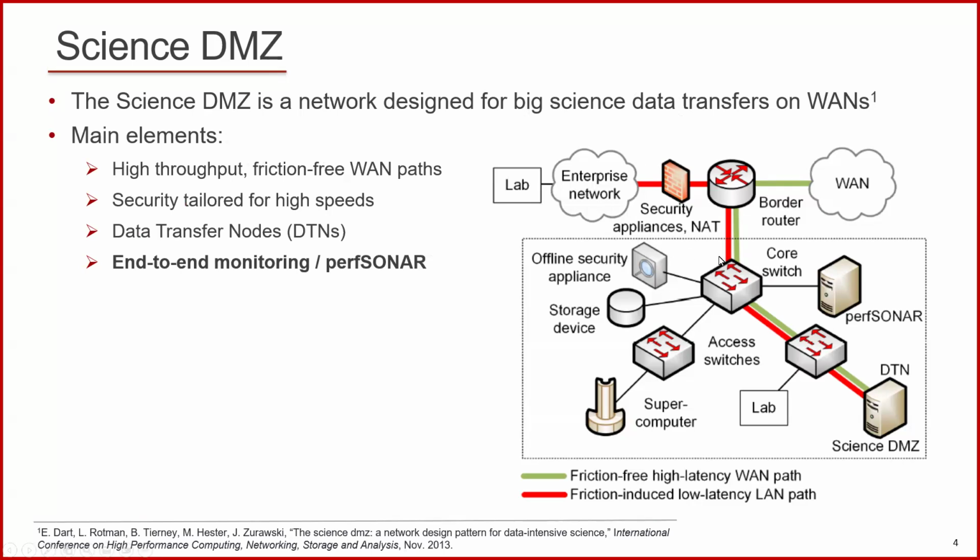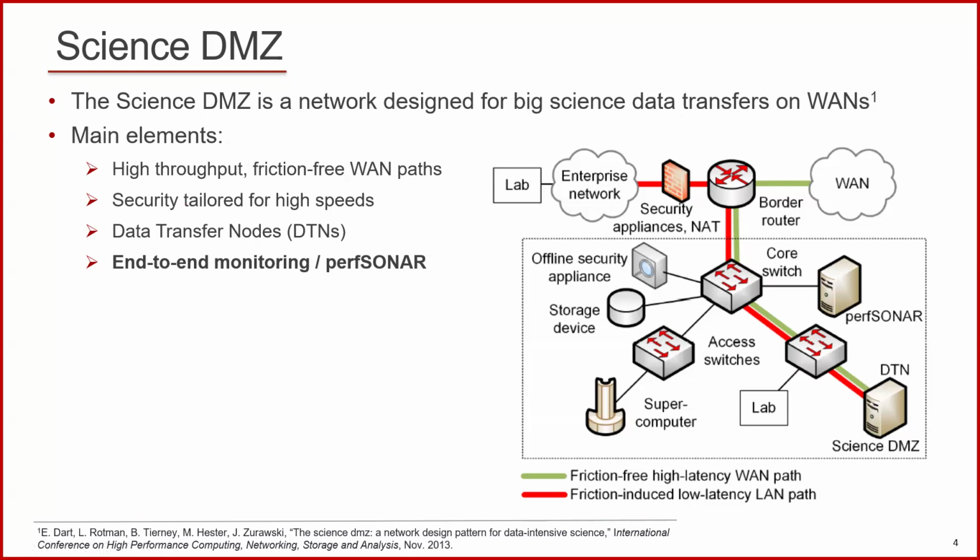Now, as you can see here, we have some offline security appliances that apply on the green path, or the friction-free path. This is security tailored for high-speed networks. It's passive, it's not interacting with the traffic, and it's not adding any overhead.